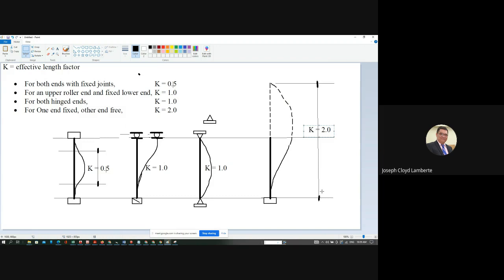Madouble iyang length kung free ang end. Dako ang displacement ana. So you can consider that as double iyang length to achieve more lateral displacement diha. Sabtan na, class?